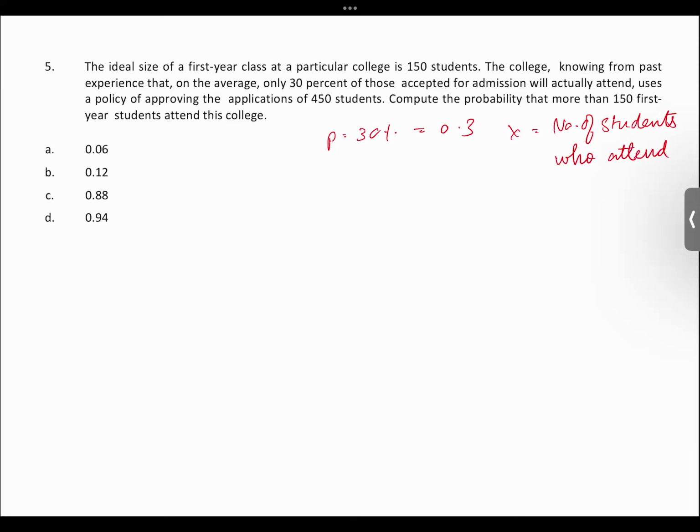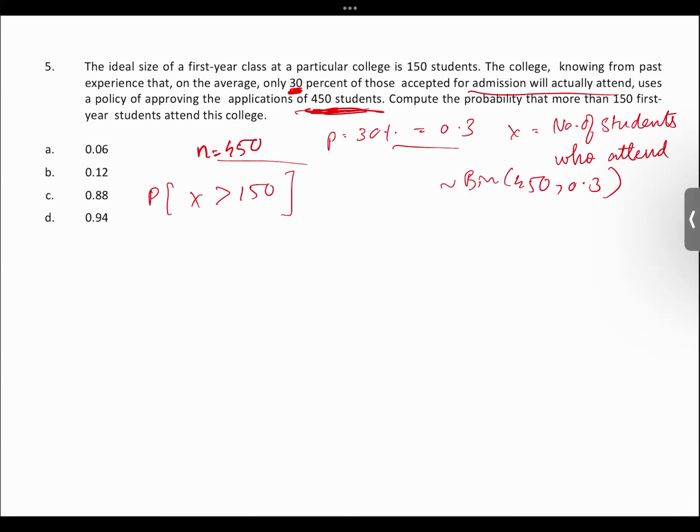The college uses a policy of approving the application of 450 students. So n is equal to 450. From past experience, they have n is 450 and p is 30%. Compute the probability that more than 150 first year students attend the class. You just need to calculate this for a binomial distribution, Binomial(450, 0.3).